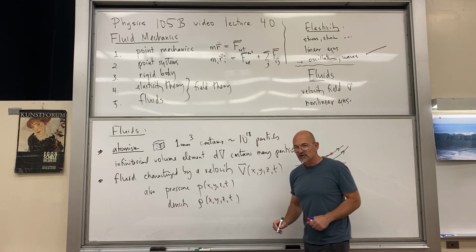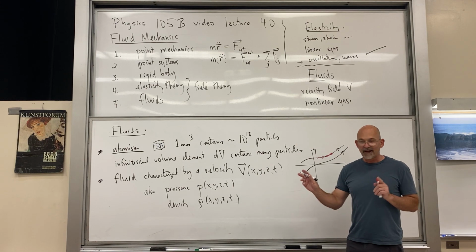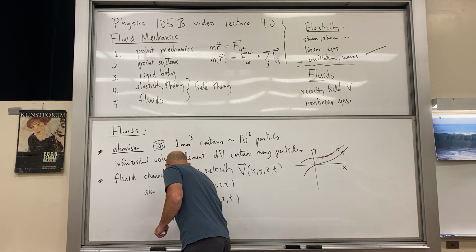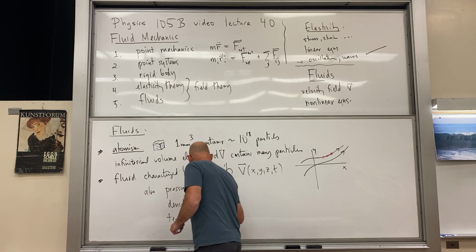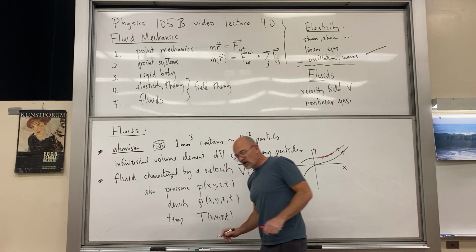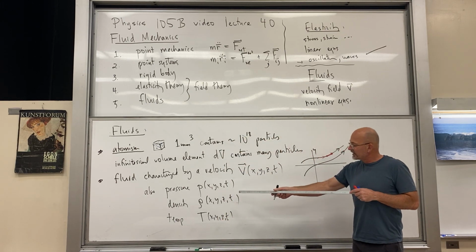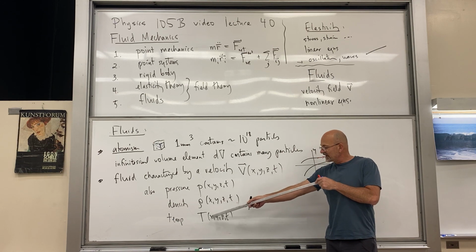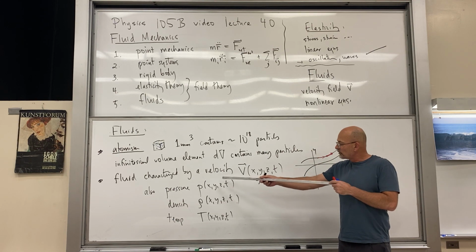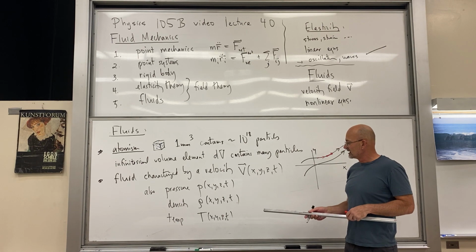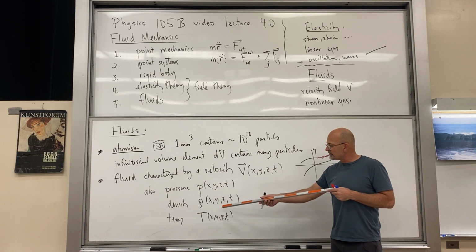You could have temperature, and in fact you could have other thermodynamic quantities. These are thermodynamic quantities, and so they'll actually be linked. I could also add entropy, but they will be linked by some equation of state. So they will show up in the equations of motion.